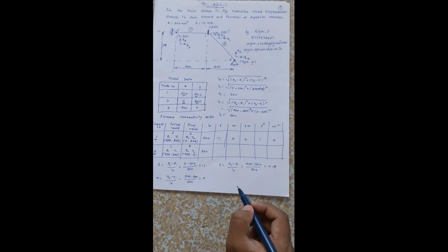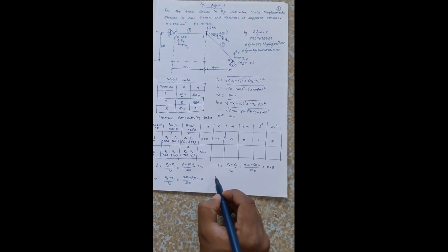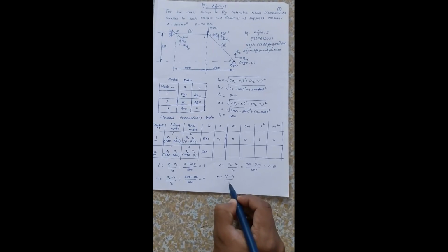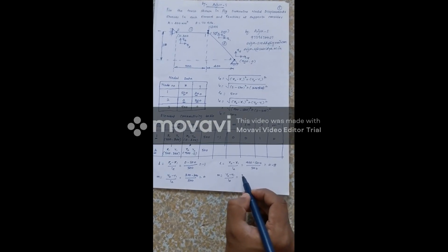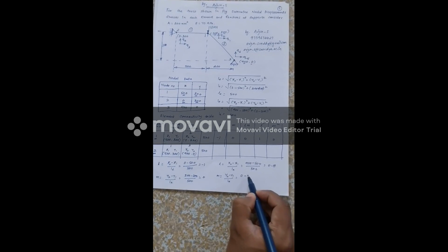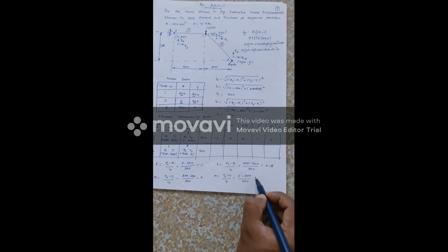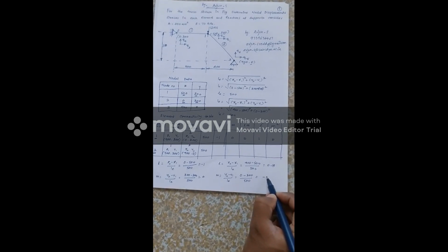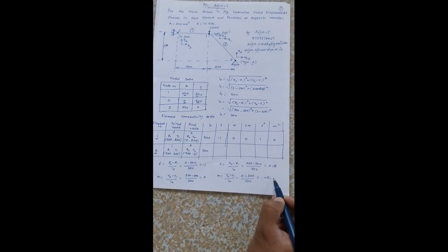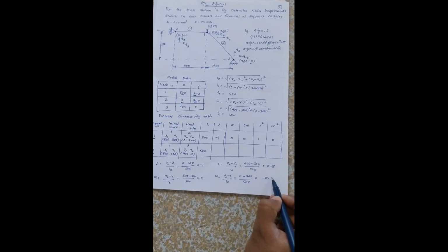The value of L is 0.8, and M will be y2 minus y1 divided by the length of the element. So y2 is 0, y1 is 300, divided by the length of the element, 500, so it will be 0.6.